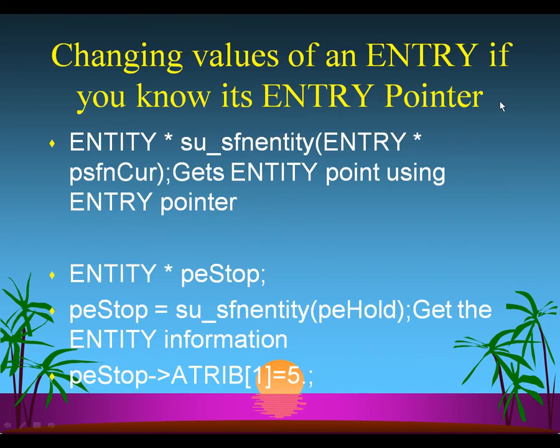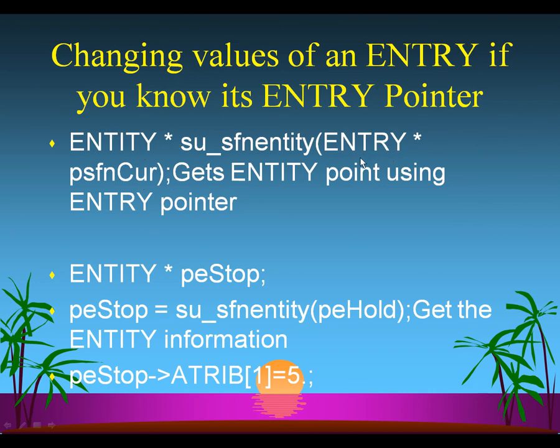You can change the values of an entry in a file if you know its entry pointer. It's possible to go straight into the file and into memory and access that information directly without removing it from the file or in any way modifying it otherwise. So we have a function here that, given an entry pointer, will tell you what the entity pointer is for that entry.